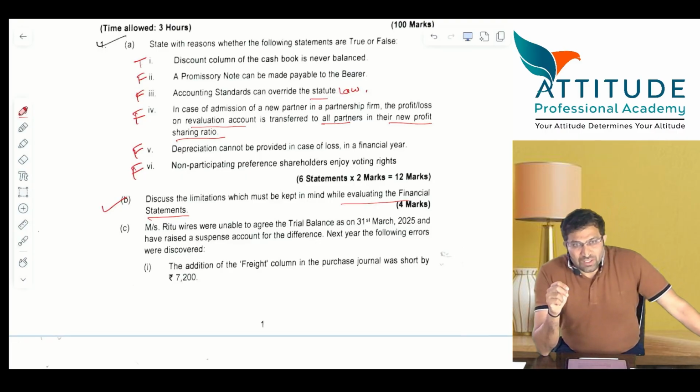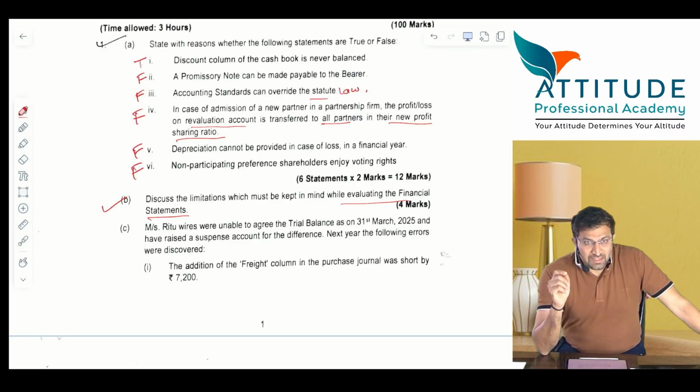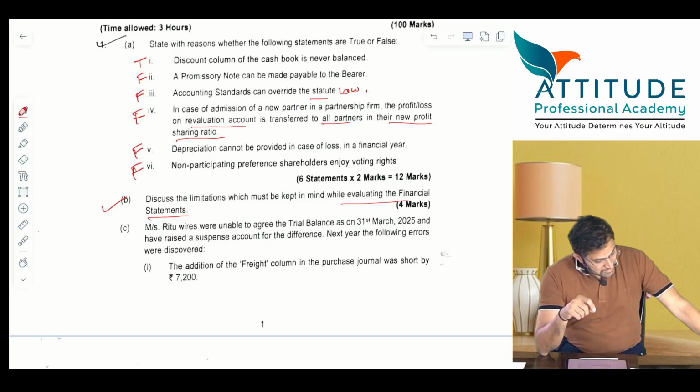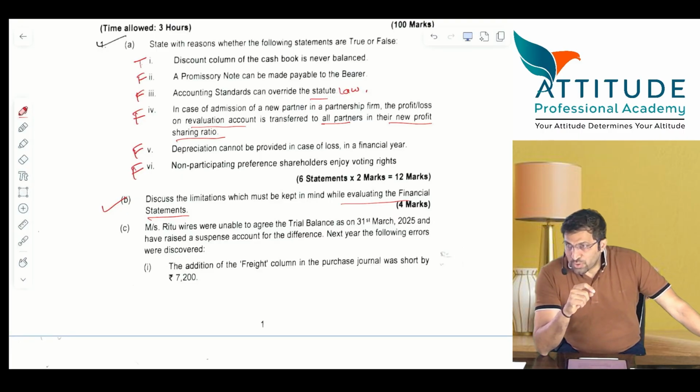So the comparison will differ. So there are different accounting policies because of which you might not be able to compare your financial statements. Is that clear? Next, right there, different accounting policies for the treatment of the same item adds to the probability of manipulation.